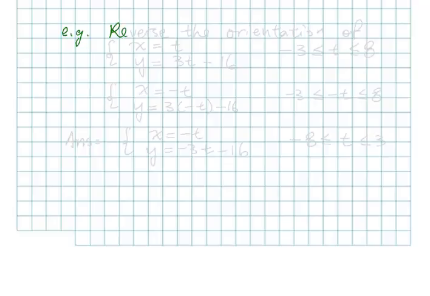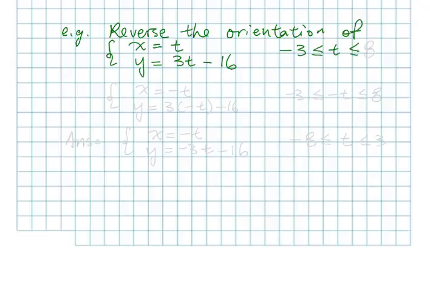Another example, we reverse the orientation of the pair of parametric equations x equals t, y equals 3t minus 16. T ranges from negative 3 to 8, including the endpoints. In order to reverse the orientation, we will replace every t by negative t. We get the new pair of parametric equations.